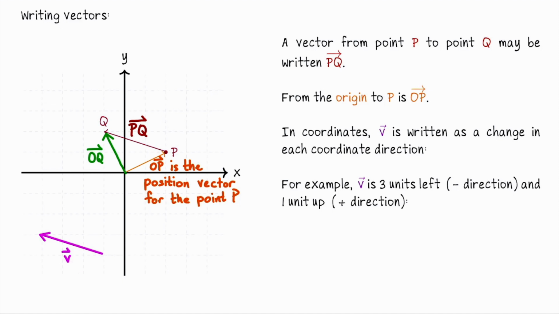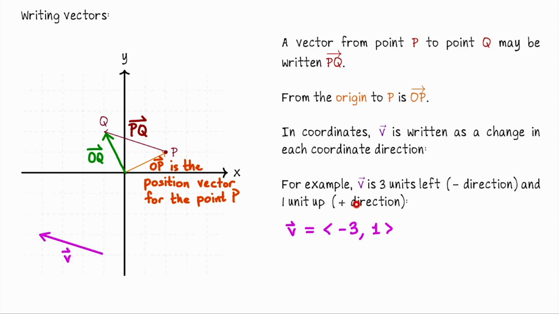We will often write vectors with coordinates, and in this particular case, we'll say v is angle bracket -3, because in R2 traveling to the left is the negative direction, comma 1, because in R2 traveling up is traveling in the positive direction. So to the right and up, those are the positive directions for x and y respectively. To the left and down are the negative directions for x and y respectively.